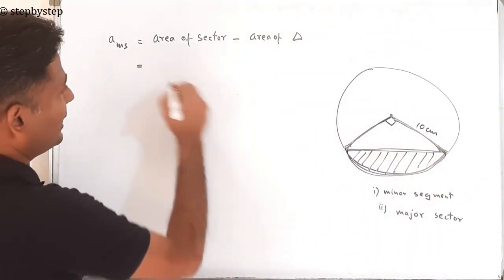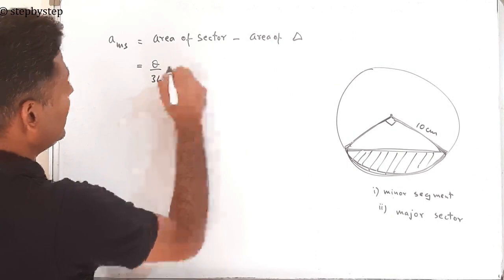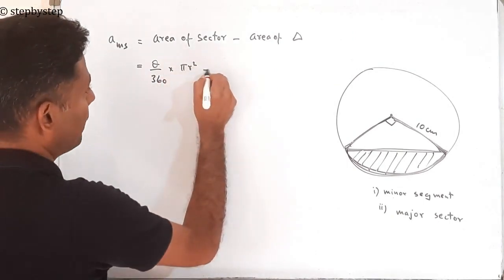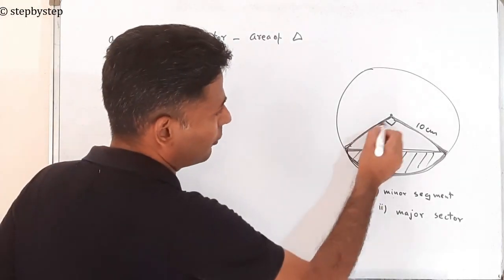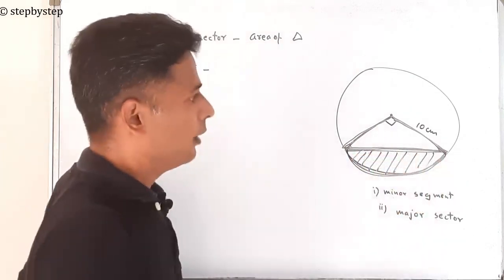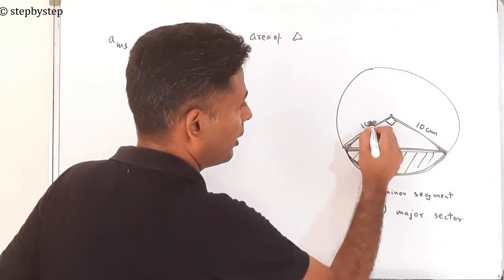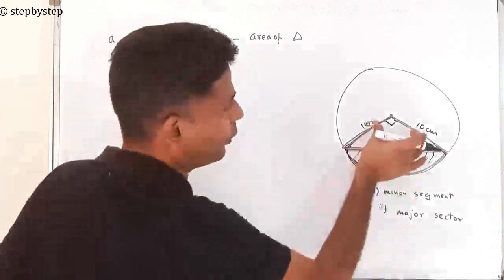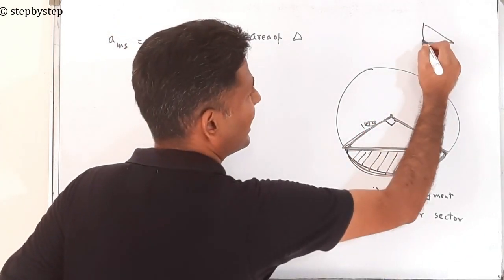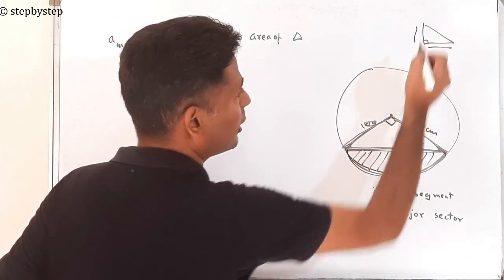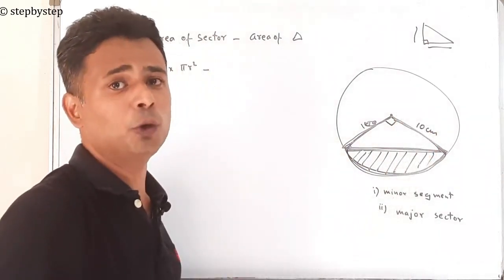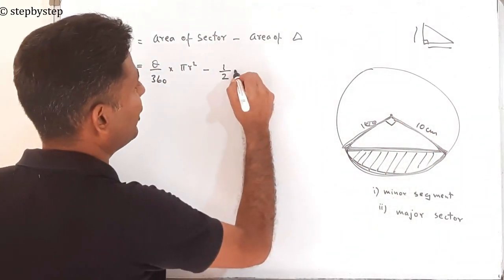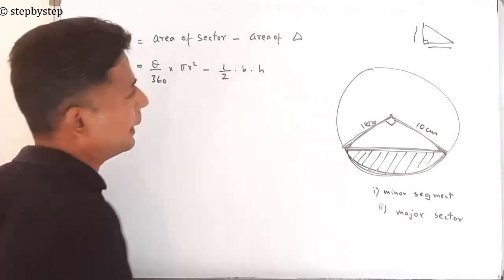Now area of sector is easy, theta by 360 into pi r square, minus the area of the triangle. We know two sides. This is a right angle triangle. If you look at it like this, this will be the base, this will be the height. So we can use half into base into height.